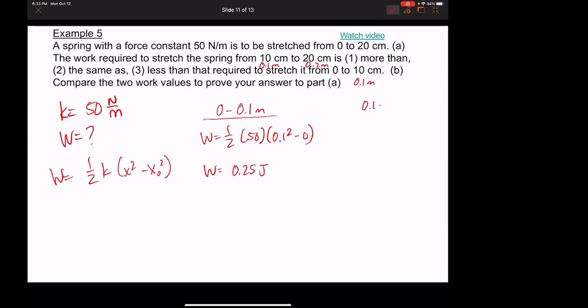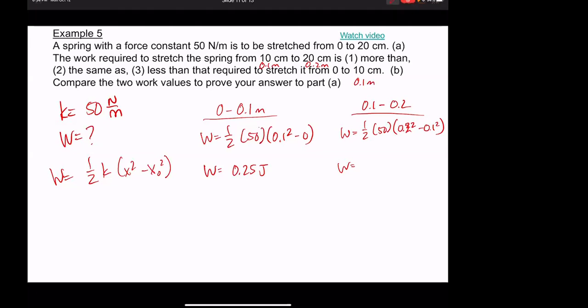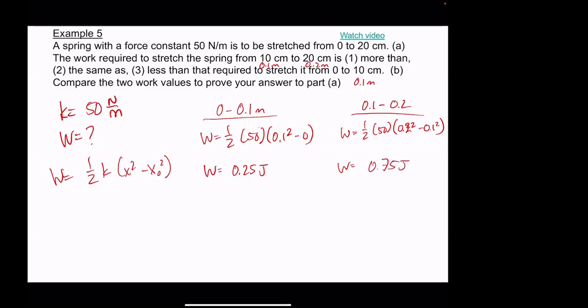And now we're going from 0.1 to 0.2. The work is 1/2 times 50 times (0.2 squared minus 0.1 squared). You get 0.75 joules.